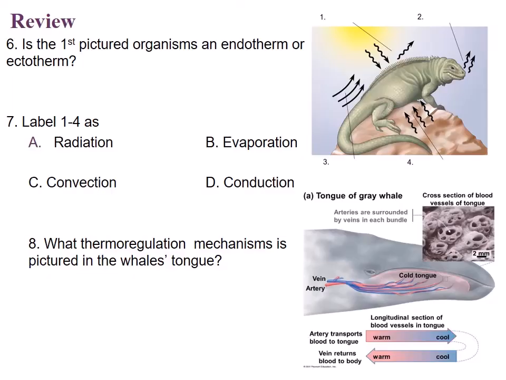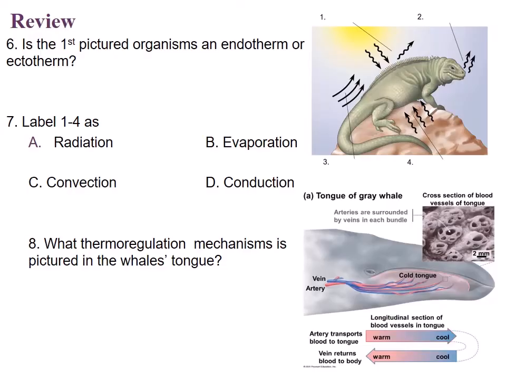They kind of pant a little bit, not the same as a dog, but similar. Number 3 is like a breeze blowing across the back of the iguana, so that's going to be convection, and then here the iguana is on the rock, so that would be heat exchange through conduction there.